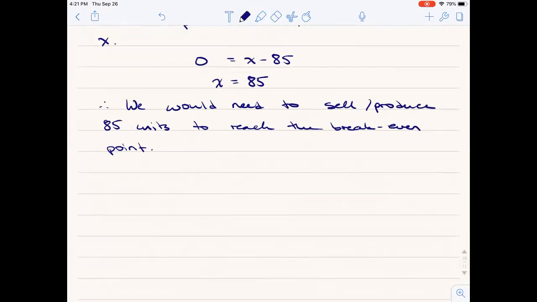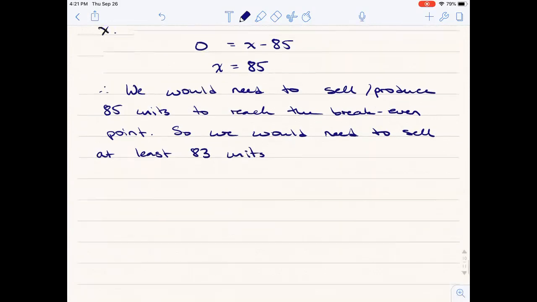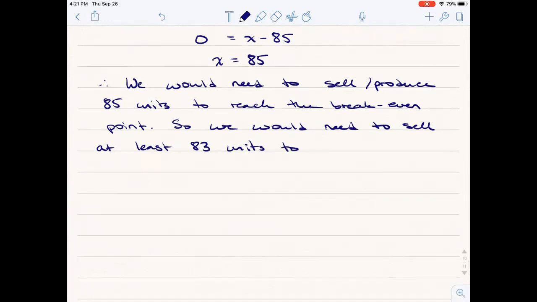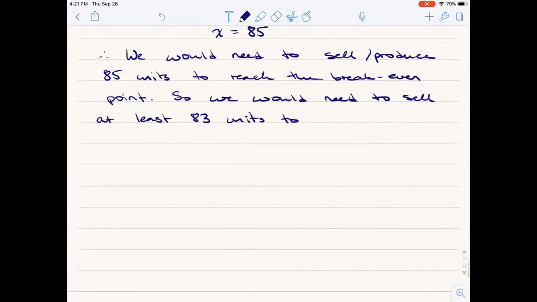Okay. So we would need to sell at least 83 units to have a positive profit. To have a positive profit.